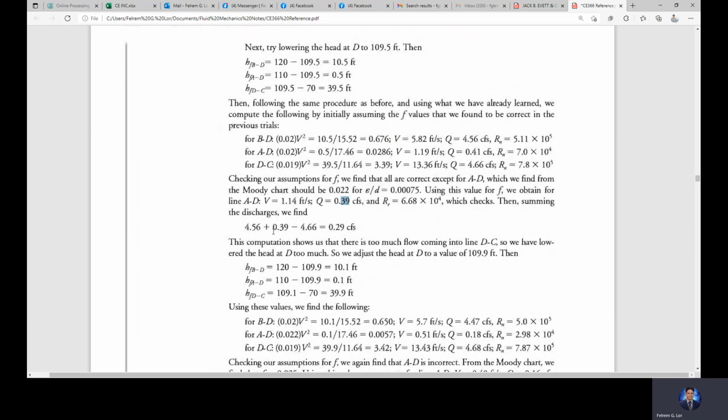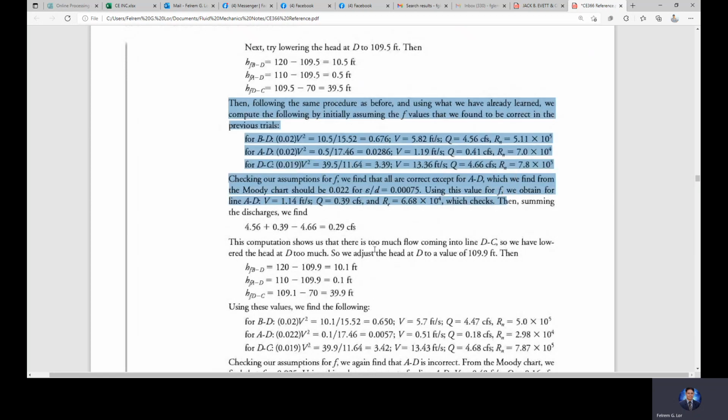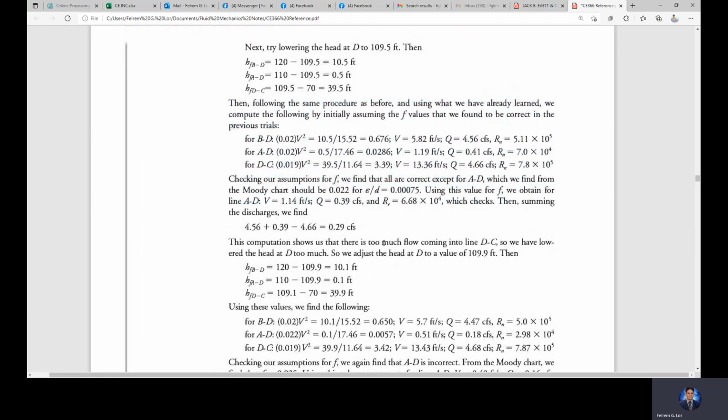Then it sums up the discharges, and the difference is 0.29. So this computation, this assumption, shows that there is too much flow coming from D to C.